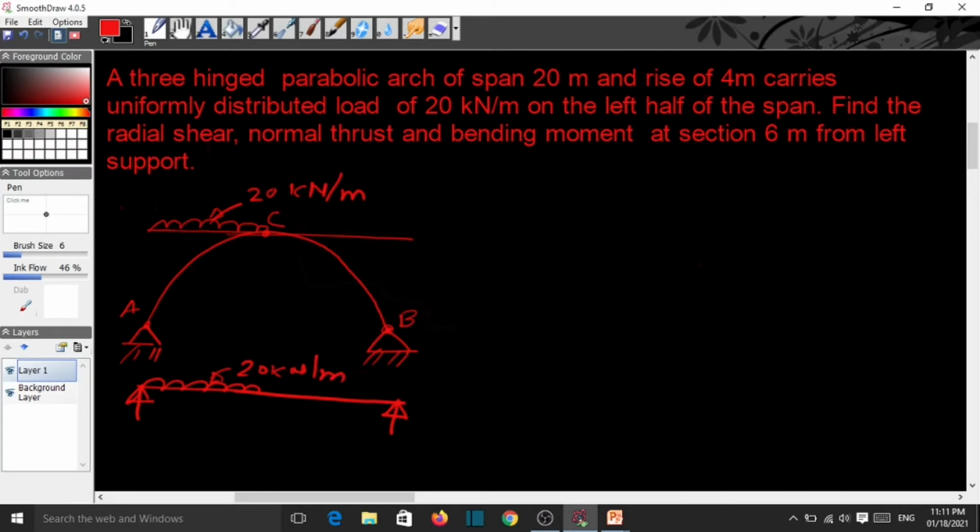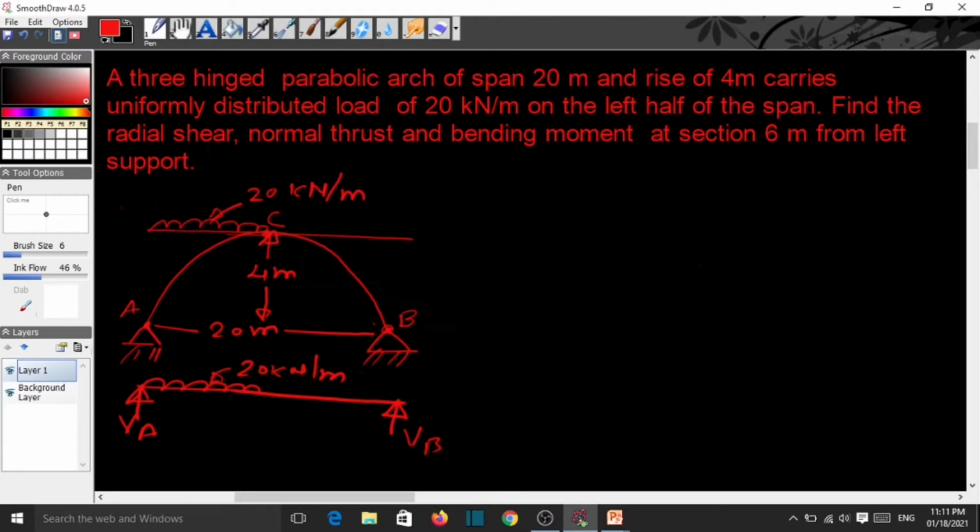Now here the span given is 20 meter and the rise is 4 meter. This reaction is VA and this reaction is VB.